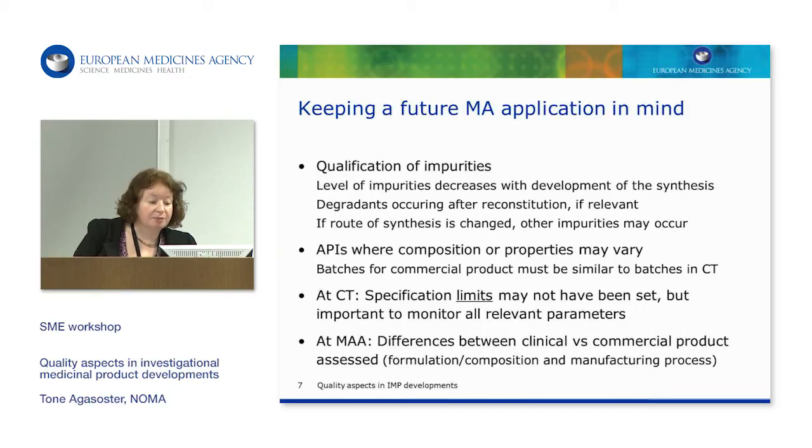Also keep in mind that for APIs where the composition of the API itself or its properties may vary, it's very important that the batches for the commercial product are similar to the batches used in the clinical trials.